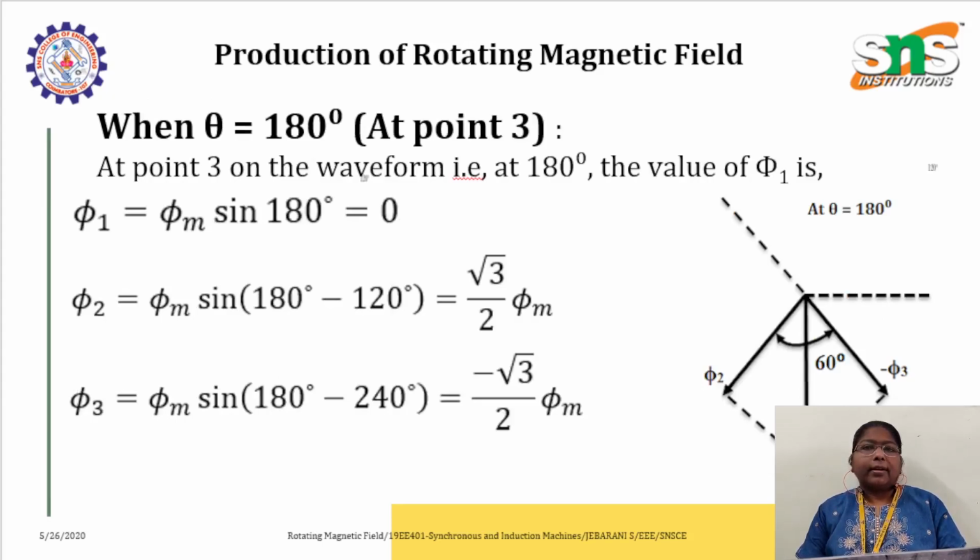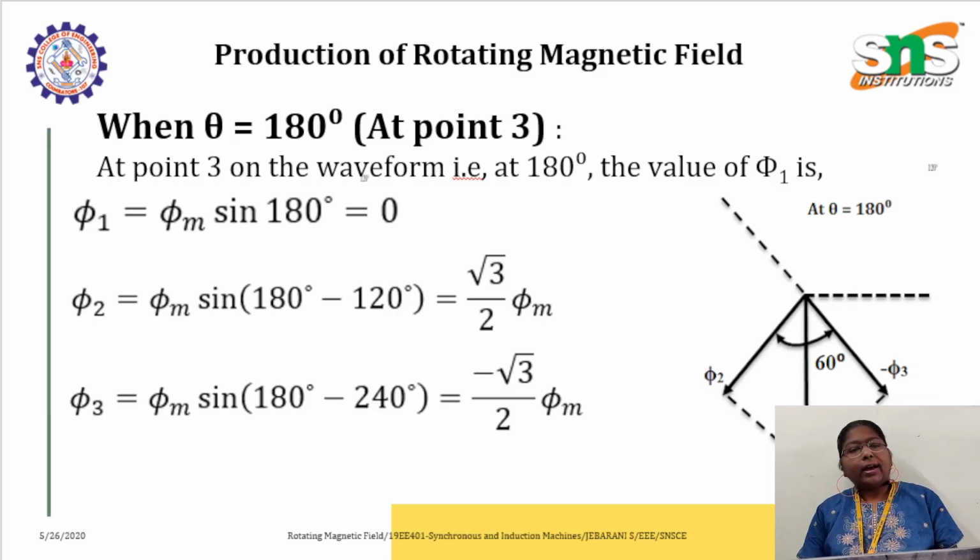And at last, at theta equal to 180 degrees, the magnitude remains 1.5 times the maximum value, but again the orientation of the resultant vector is different.